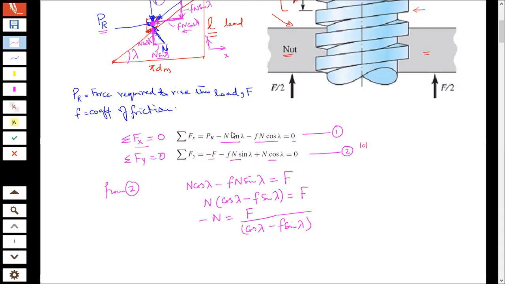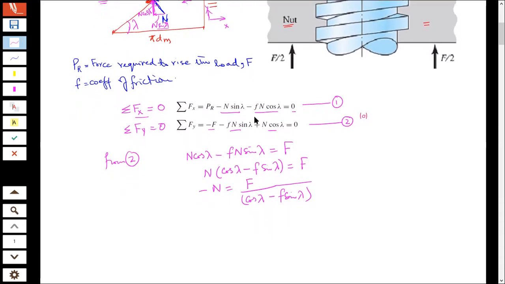And now putting this value of n in this equation number 1, what I'll get from 1 is that PR will be equal to n sine of lambda plus Fn cos of lambda, or this will be equal to n times sine of lambda plus f cos of lambda.